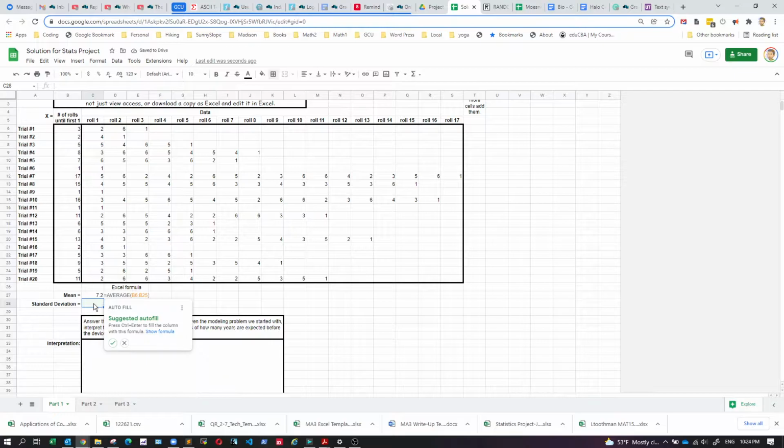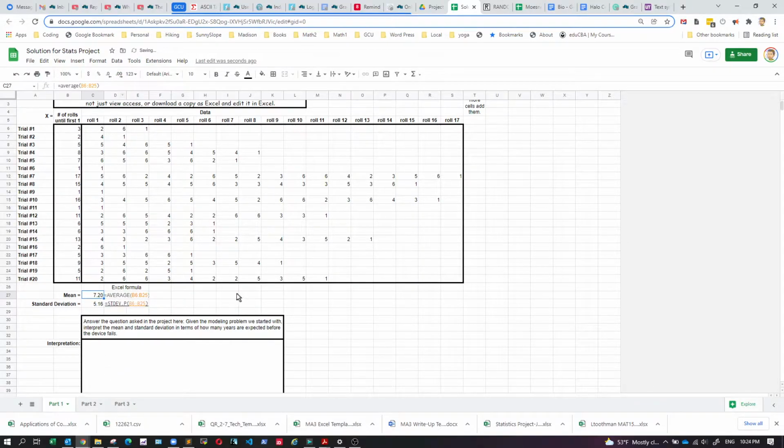And then equals stdev, standard deviation, and I'm going to take all these guys. All right, there we go. So our mean, the average, is 7.2, the standard deviation is 5.156. And let me just reduce the decimal points a little bit. Let's have 2 decimal points for each of these.